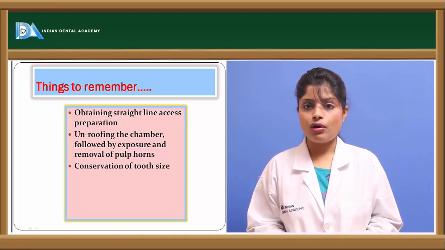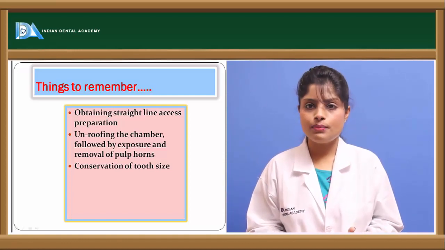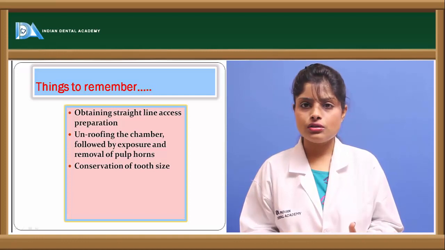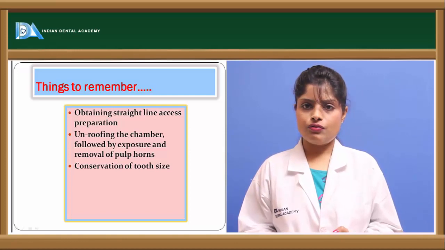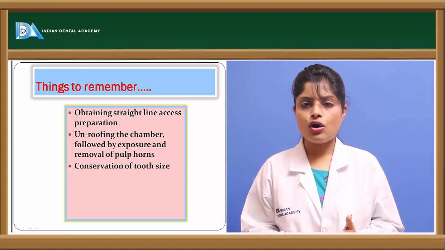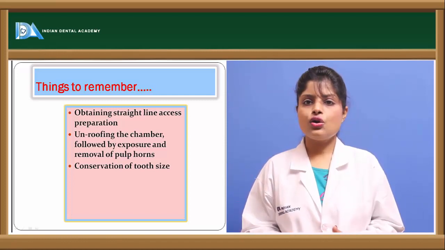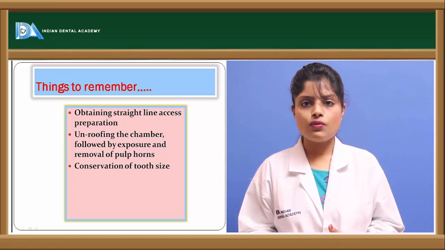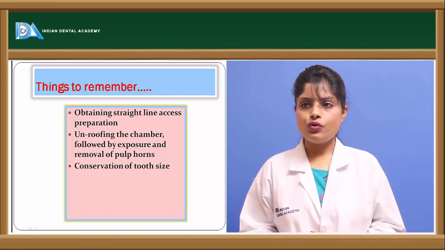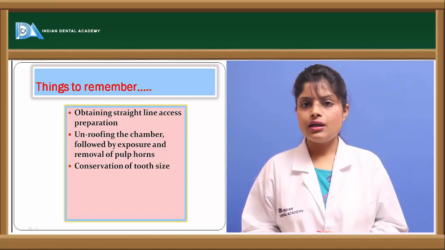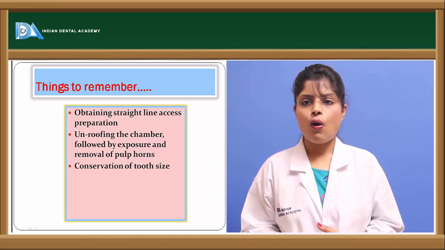But it is very important to maintain a straight line access to the pulp chamber, in order to obtain proper visibility, proper accessibility for the root canal instruments, proper obturation, and conservation of the size of the tooth, that is, to avoid excess cutting of the tooth structure. The unroofing of the pulp chamber should be done in the proper way, and further to remove the pulpal horns.